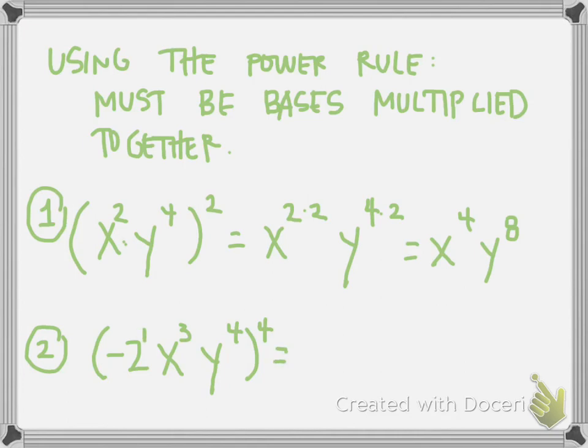Okay, so this is going to be negative 2 raised to the 4th power, x raised to the 3 times 4 power, and y raised to the 4 times 4 power. Okay, so negative 2 raised to the 4th power is a positive 16, and this would be x to the 12th and y to the 16th power.